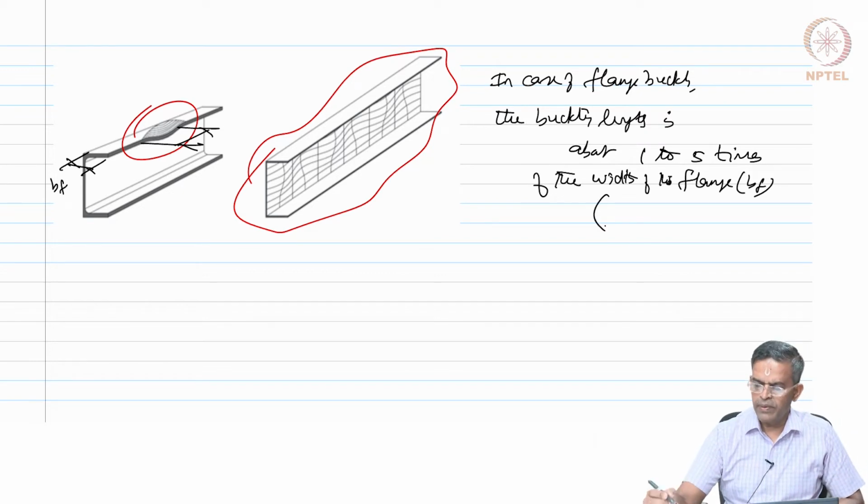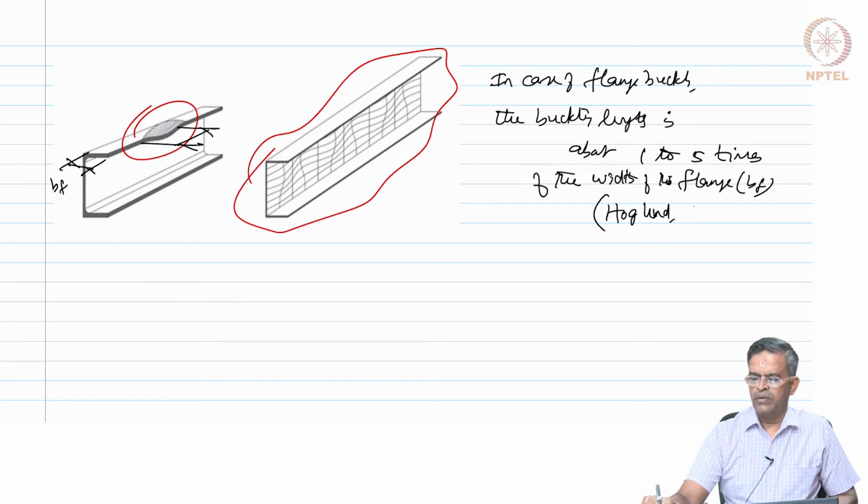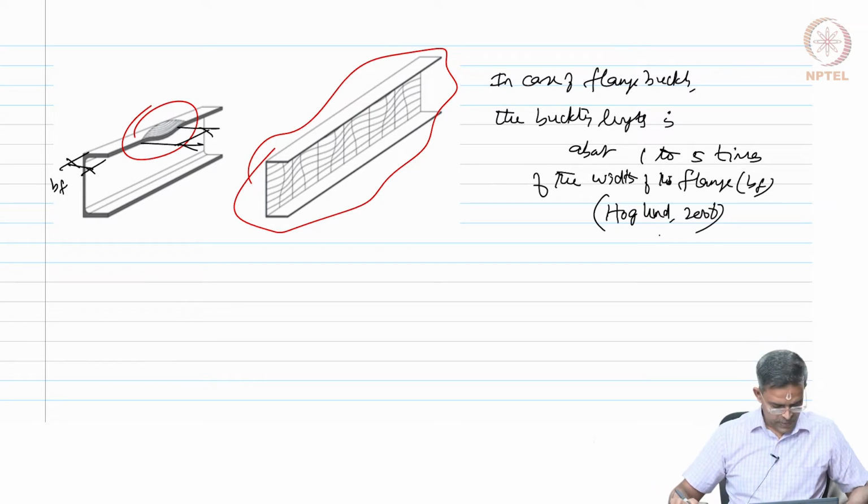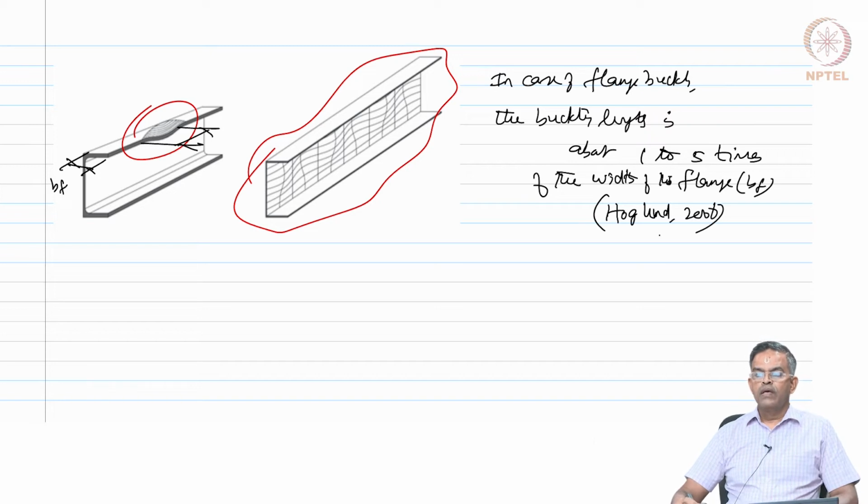This is an experimental observation made by Hoglund in 2006. When the buckling of the beam is extended to its entire length, it is termed as global buckling.